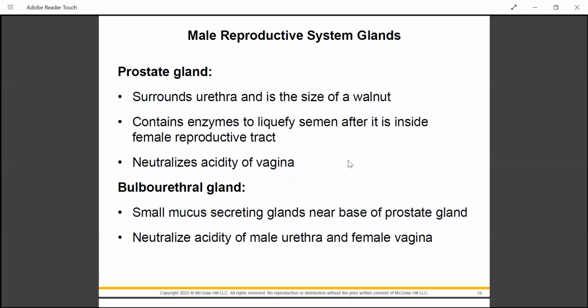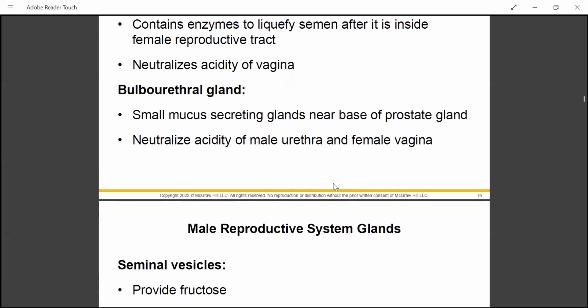So you'll see the glands in general, their job is to secrete other substances to help the sperm get to the egg cells, or the oocytes. So the bulbourethral gland, this is a very small gland. It contributes just a little bit to semen. And again, its job is to neutralize the acidity of both the male urethra and the female vagina so that the sperm can actually survive.